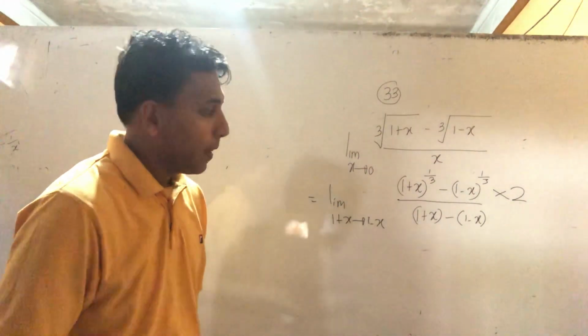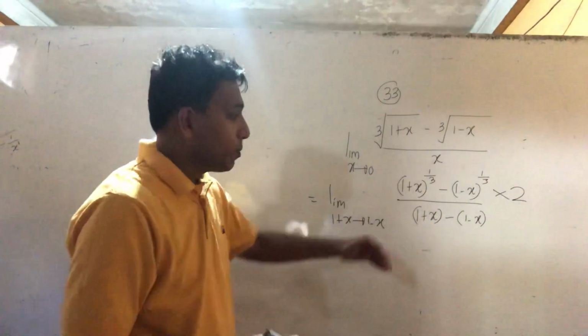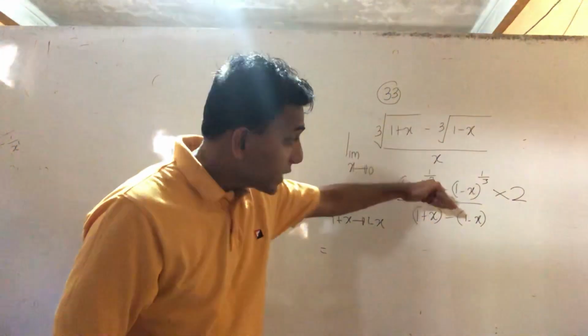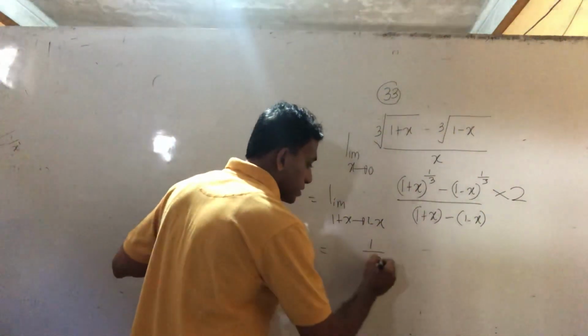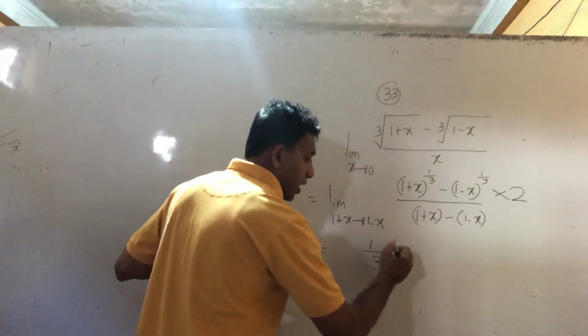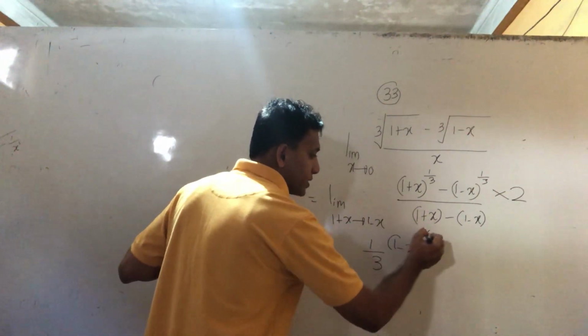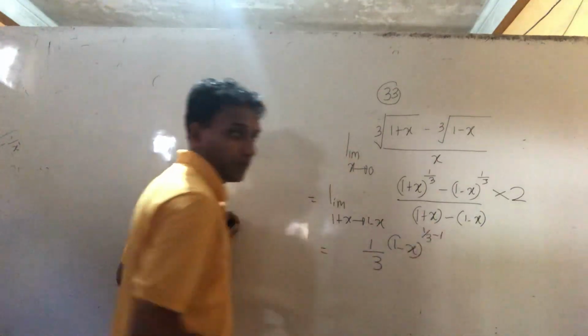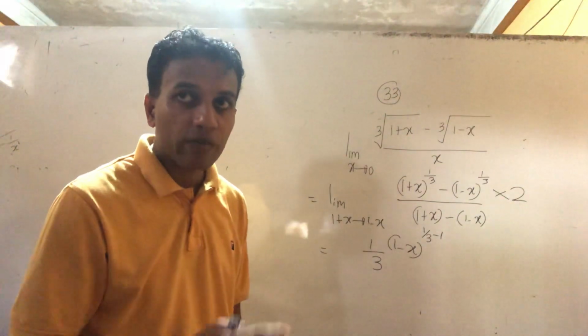Okay. Therefore, here write the answer. The x to the power n minus a to the power n pattern. So what is the answer? 1/3, that is (1 minus x) to the power 1/3 minus 1, okay, the n a to the power n minus 1 form.